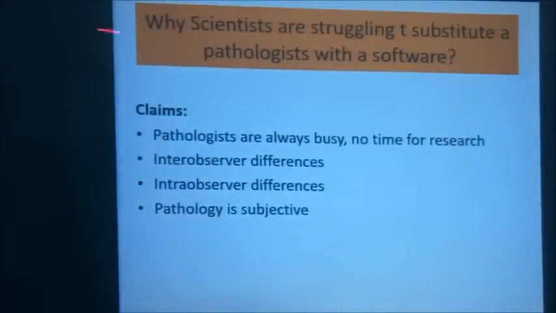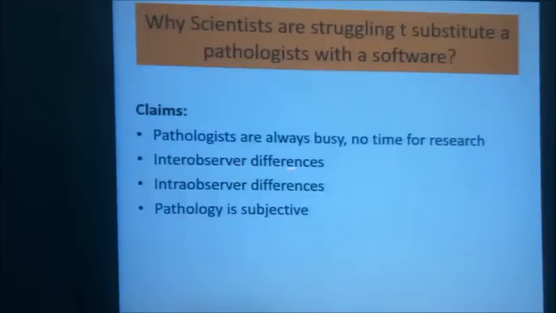So why are scientists struggling to substitute a pathologist with software, or with a PC? They say pathologists are always busy and have no time for research, so instead of pathologists doing research, they can do this with software. There are what's called inter-observer differences.